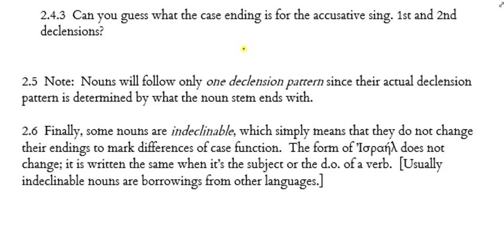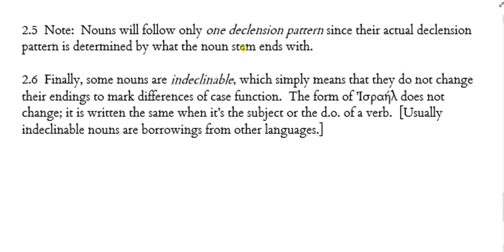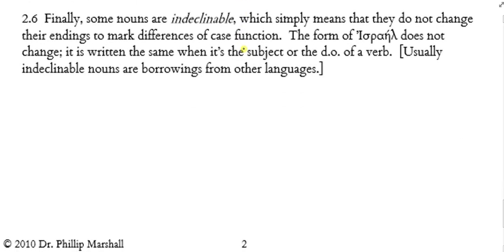Great. Now, under 2.6, we just point out here that some nouns are indeclinable. That is to say, they do not alter their endings to mark their case function. Examples are words like Israel in Greek, the word Israel. So what you're going to find is this. Usually, typical Greek words are declinable and will follow a declension pattern. But when you take a language that's not natively Greek, like Hebrew, and you start speaking Greek in that context, what are you going to do?